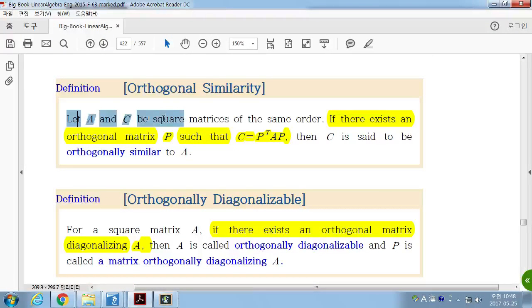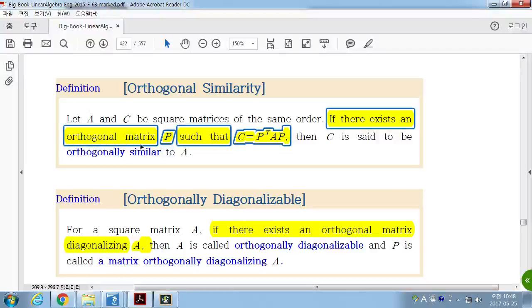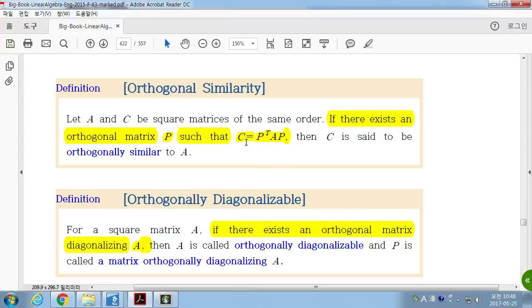Let A and C be symmetric matrices, square matrices of the same size. If there exists an orthogonal matrix P such that C is equal to P transpose AP, then C is called orthogonally similar to A. Not only similar, orthogonally similar. C is equal to P transpose AP, instead of P inverse. It's much easier to deal with if P is an orthogonal matrix.